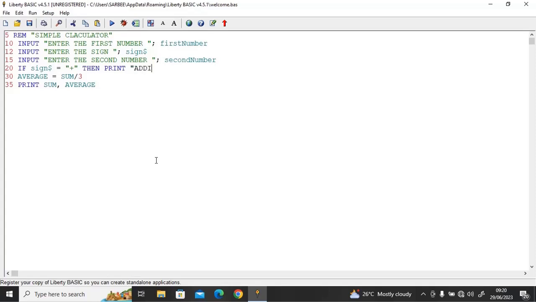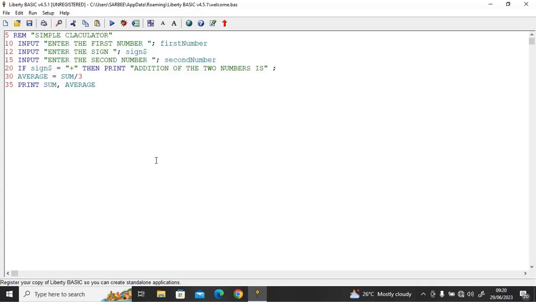Addition of the two numbers is, so let me make it like this.